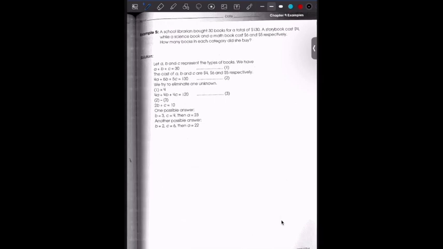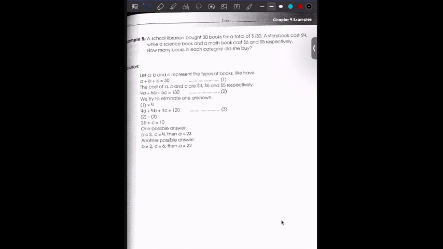So we have 3 variables. A storybook is going to be A, the variable. Science book is going to be B, and a math book is going to be C.